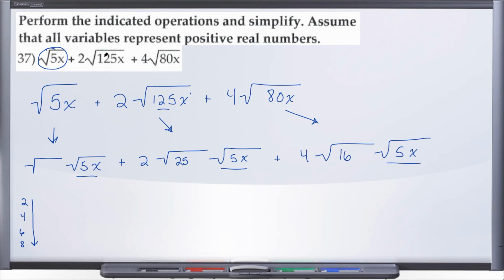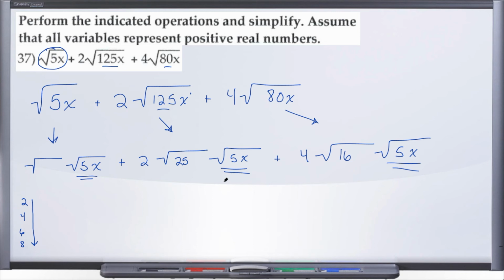Because the larger the number is, 125, 80, chances are you can break those numbers down into good stuff, bad stuff. But 5x is fairly small. We can't really do much with that. And so 9 times out of 10, that ends up being your garbage. And in this case, it panned out, right? 5x ends up being the garbage for all of our radicals.